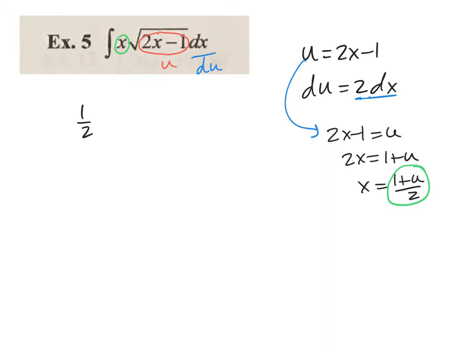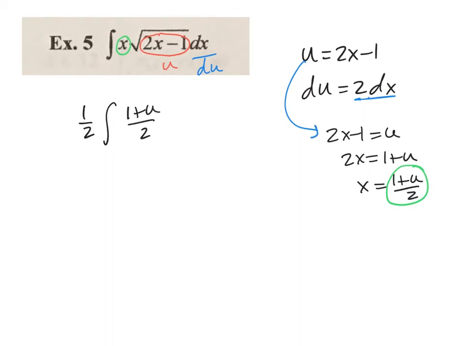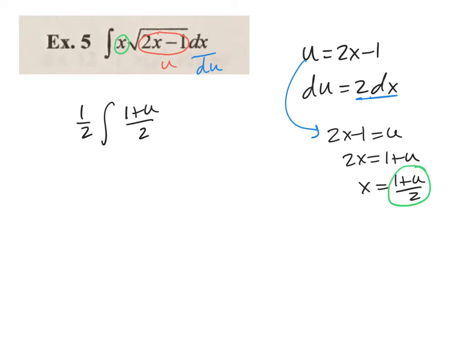So that's 1/2 the integral of, now remember, we're replacing x with (1 plus u) all over 2 times the square root of 2x minus 1. Remember, 2x minus 1 is going to be replaced by u. We're taking the square root of that, but I'm going to write it with a rational exponent, so that would be times u to the 1/2 and then du.